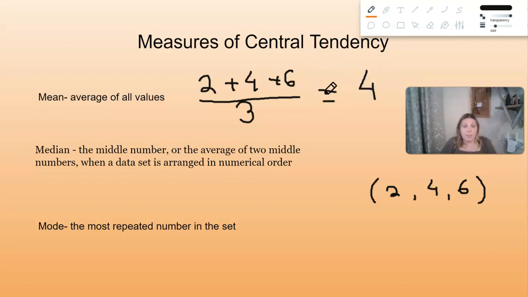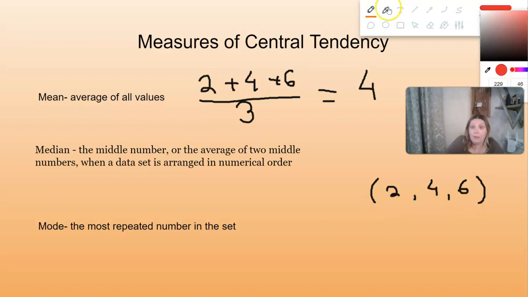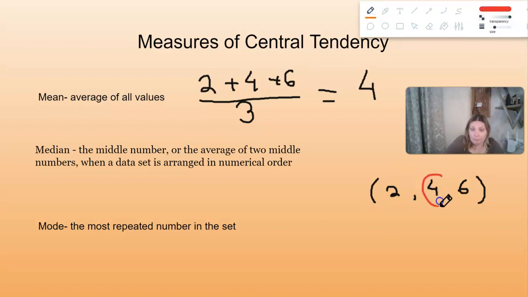Now, median is the middle number. So you literally look at your data set and you say, okay, I have 3 numbers, which one's in the middle? Oh, it's this one. Okay, so in this case, median is 4. And mode is, of course, the most repeated number in the set. In this particular case, there is no mode because no number is repeated.